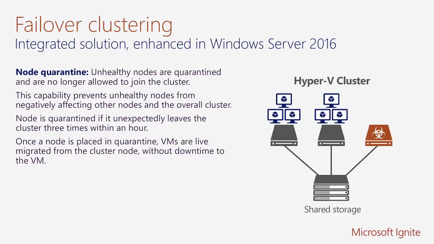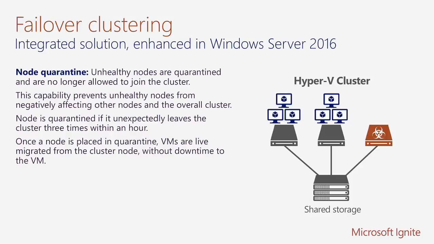So with node quarantine, we now have some intelligence around this. And node quarantine is basically 3 things. The first thing is we now track whenever a node leaves and rejoins a cluster without human intervention. So we differentiate between someone sitting down at the console or using a PowerShell script versus, hey, this was just the cluster doing its thing.